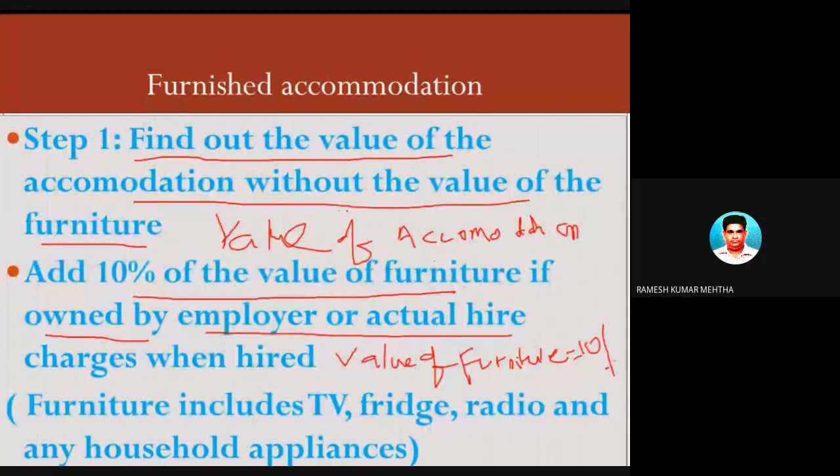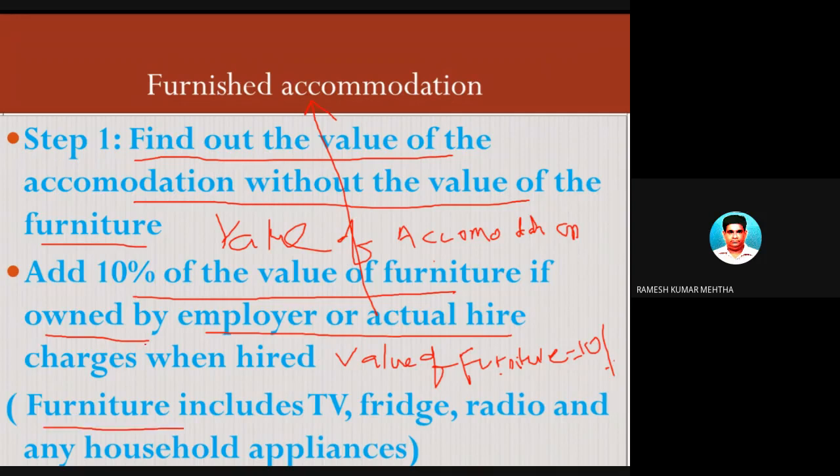When you add accommodation and furniture, you get furnished accommodation, so there are two perquisites, two benefits. You know how to calculate accommodation now, and you have to add 10% of the value of the furniture for the full year. If it is for half a year, then the rule is 5%.